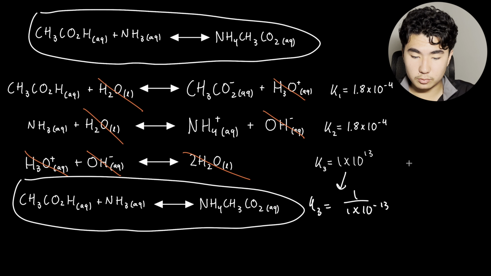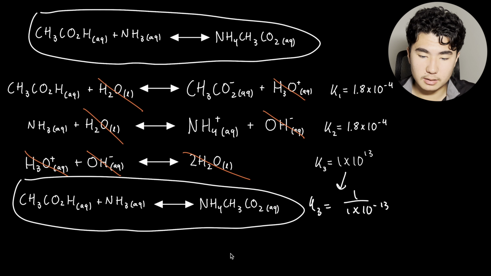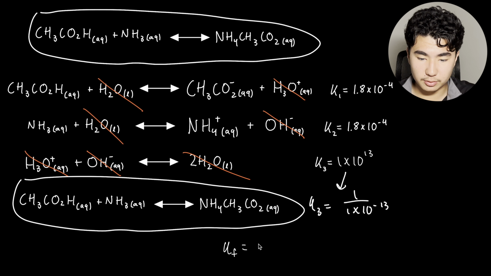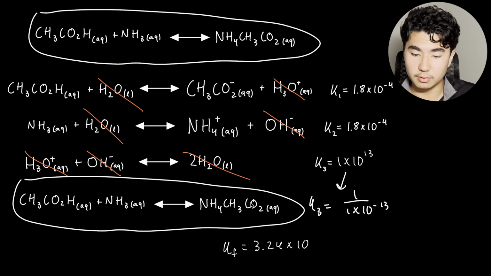Multiply all of those, and that should get us our final K. I'm just going to denote this one as KF, and that equals, in sig figs, 3.24 times 10 to the 5.